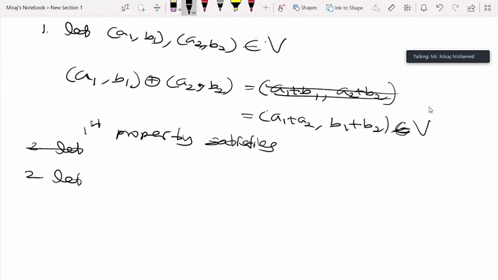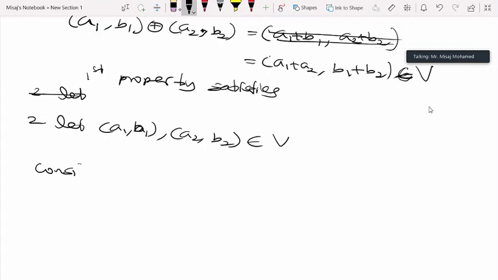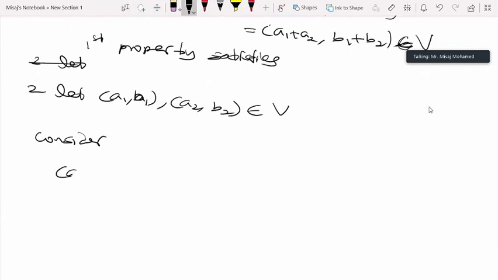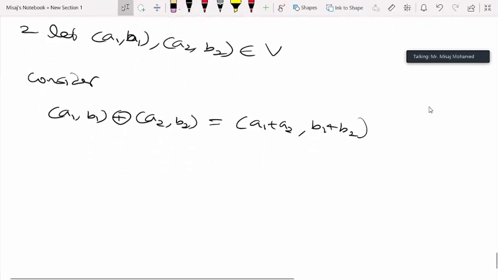Now let (a1, b1) and (a2, b2) be in V. Consider (a1, b1) plus (a2, b2), which is equal to (a1 plus a2, b1 plus b2). How can we say that this is commutative?